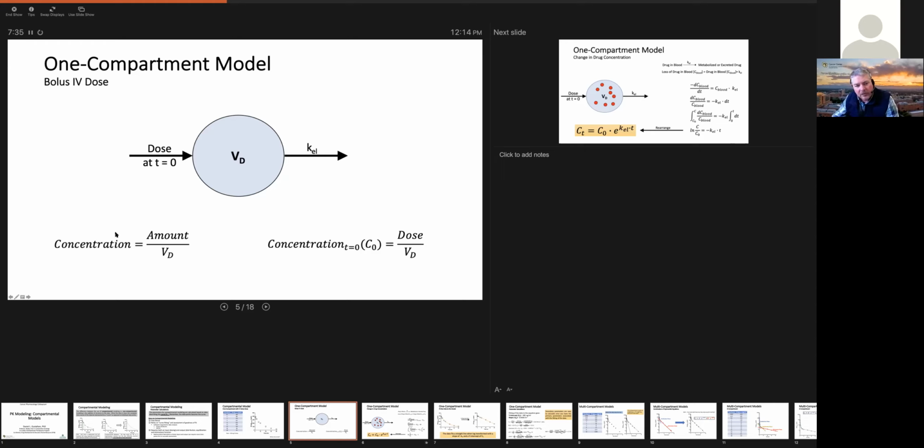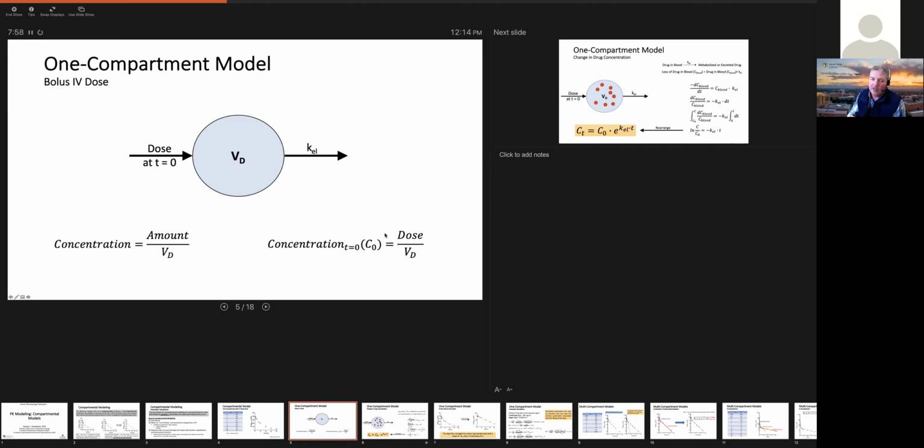The concentration in the blood is symbolized or calculated as the amount in the body divided by the volume of distribution. And so the concentration at time 0 is going to be the dose divided by the volume of distribution, because at time 0, none's been eliminated, all the drug is there.